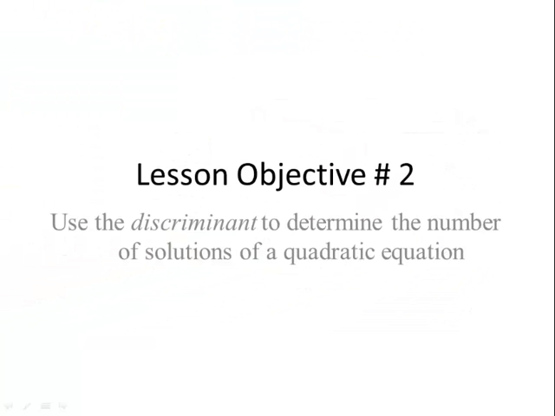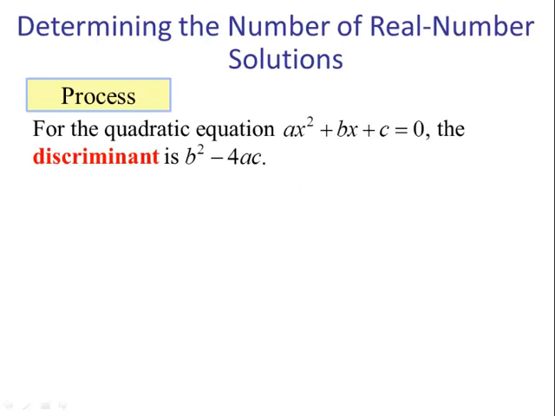Lesson objective: determining the number of real number solutions. Process: for the quadratic equation ax squared plus bx plus c equals 0, the discriminant is b squared minus 4ac. This expression is what's in the square root in the quadratic formula.